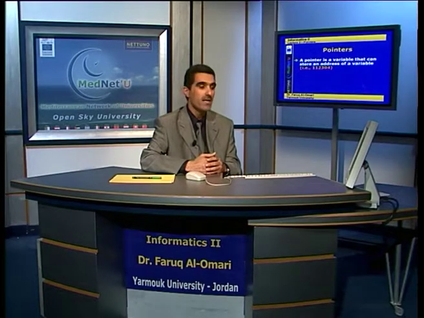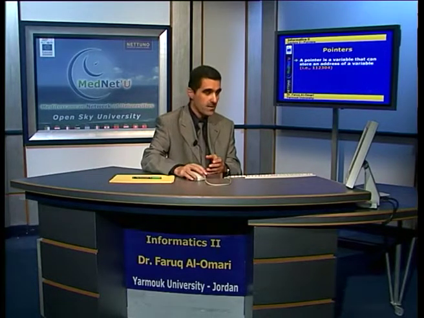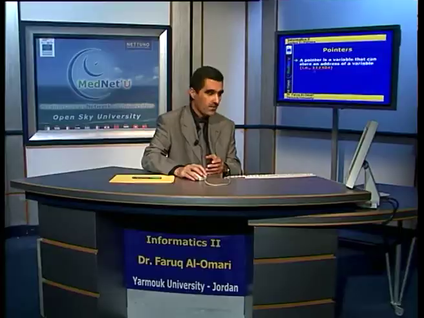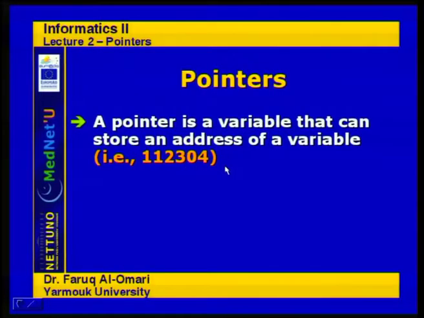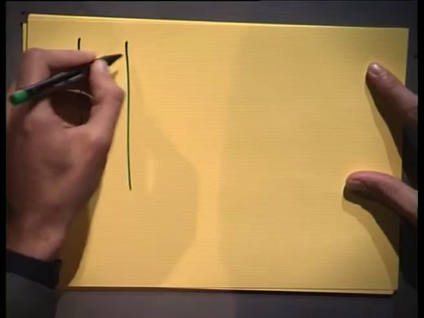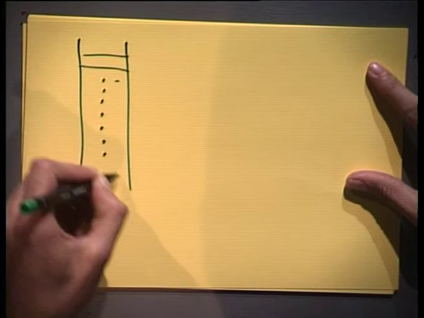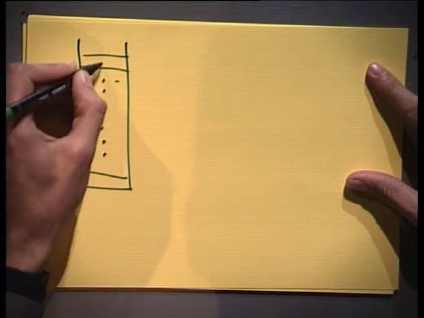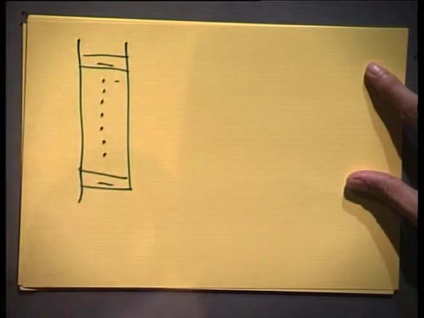A pointer is a variable that can store an address of a variable. So for example, this number 112304 is actually the address. And that's pretty much what we talked about a second ago. So here's my memory, and here's where physically I put the data according to my variables.